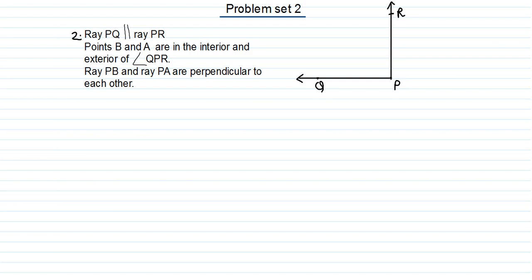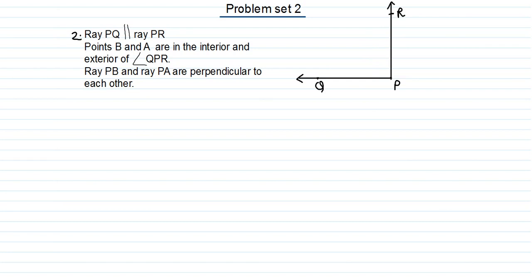Now for this, given points B and A are in the interior and exterior of angle QPR. As you can see, we get over here angle QPR with these rays. They have given point B and point A are in the interior and exterior. Point B is in the interior of this angle QPR. Interior means this part which is inside the angle.